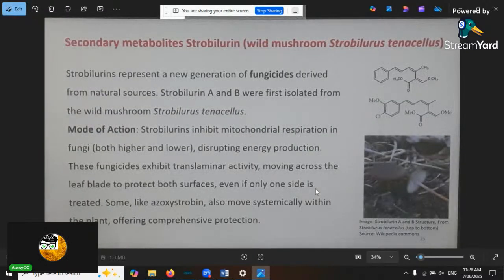Anyway, what about it? And here's the other one, strobilurin, from the wild mushroom, secondary metabolites from that. It represents a new generation of fungicides. It's isolated from the wild mushroom. It inhibits mitochondrial respiration in fungi, disrupting energy production.